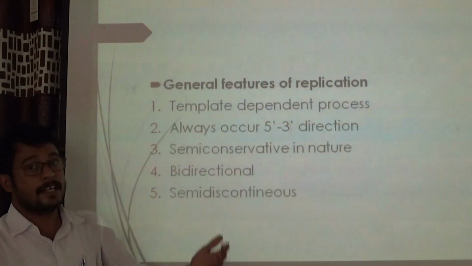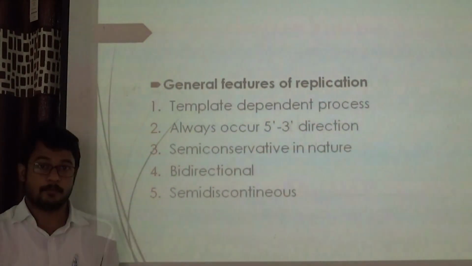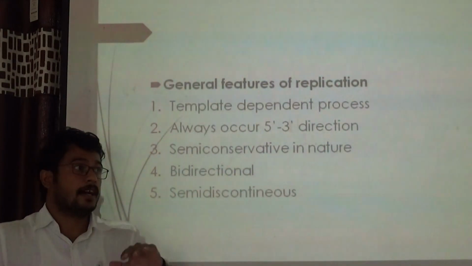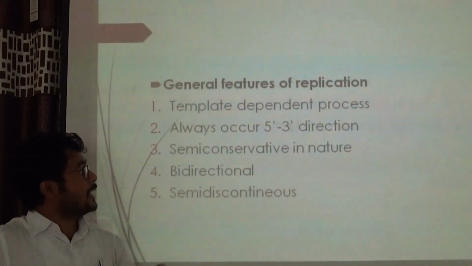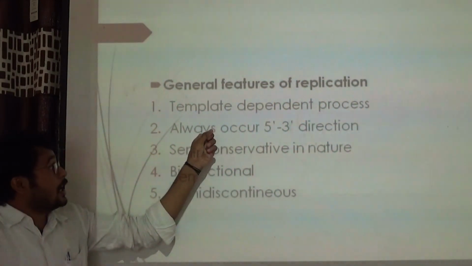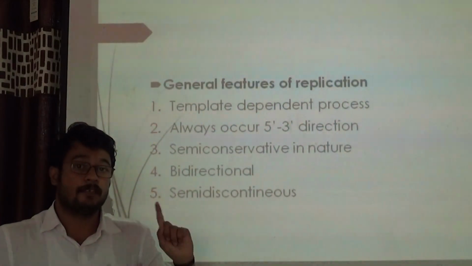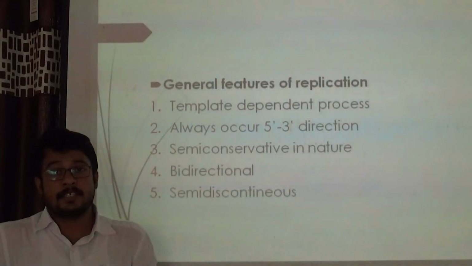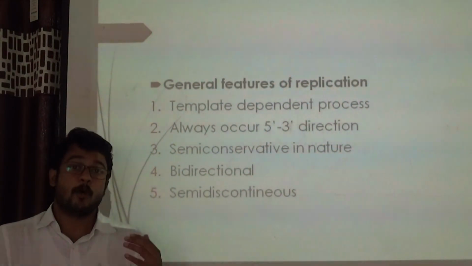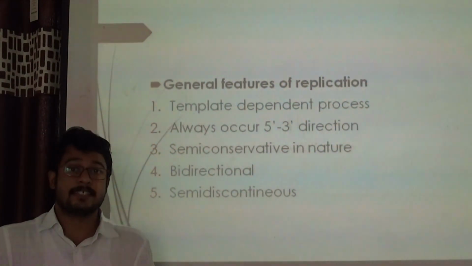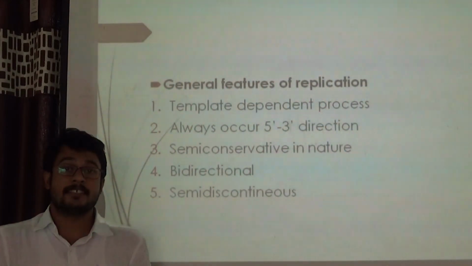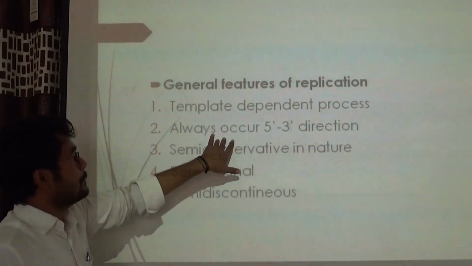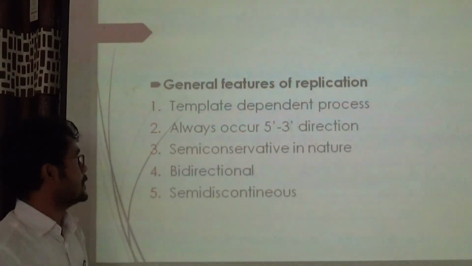If proofreading activity works, then mutations are less likely to occur. That is why replication always occurs in the 5' to 3' direction. Again, behind the reason there is polymerase activity: the polymerase enzyme works in one direction.